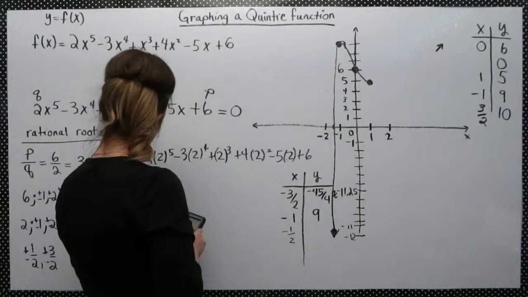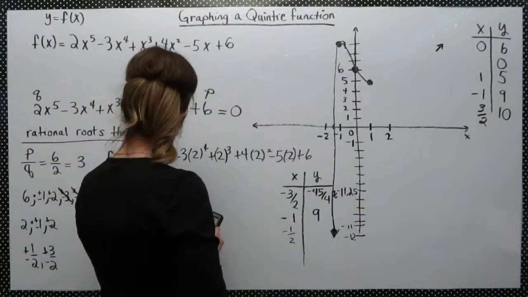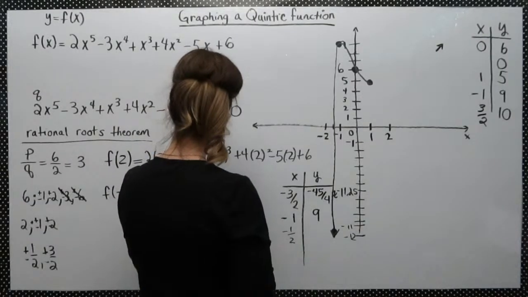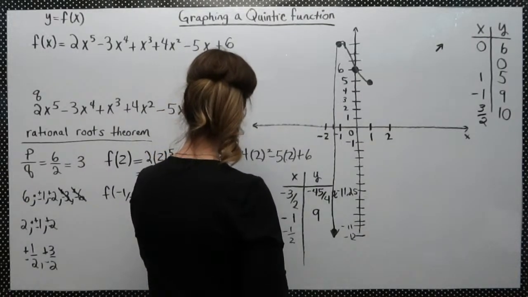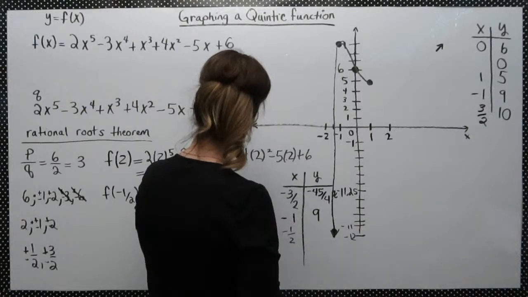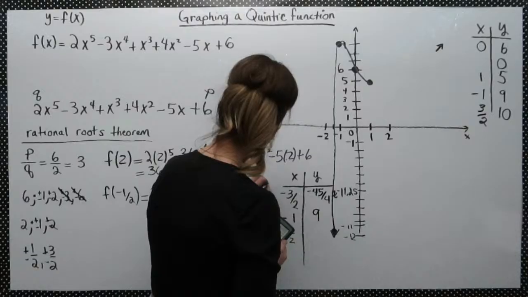That's going to look like 2 times negative 1/2 to the 5th minus 3 times negative 1/2 to the 4th plus negative 1/2 cubed plus 4 times negative 1/2 squared.